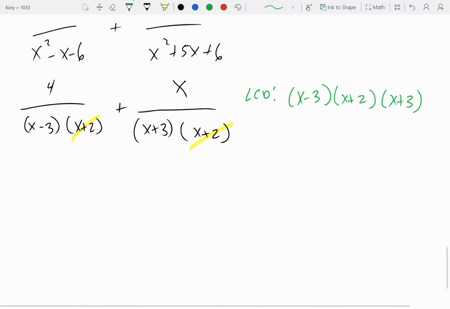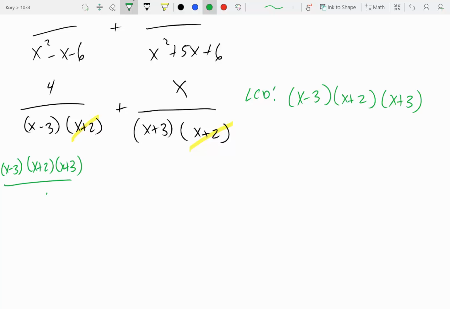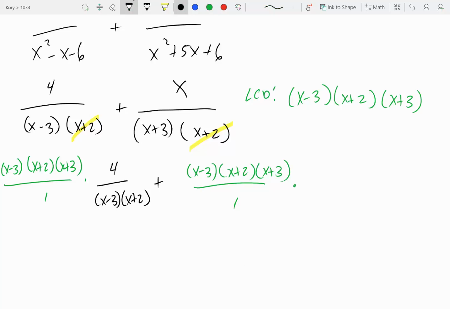So we multiply everything by the LCD. We have (x minus 3)(x plus 2)(x plus 3) over 1 times 4 over (x minus 3)(x plus 2), plus our LCD of (x minus 3)(x plus 2)(x plus 3) over 1 times x over (x plus 3)(x plus 2).